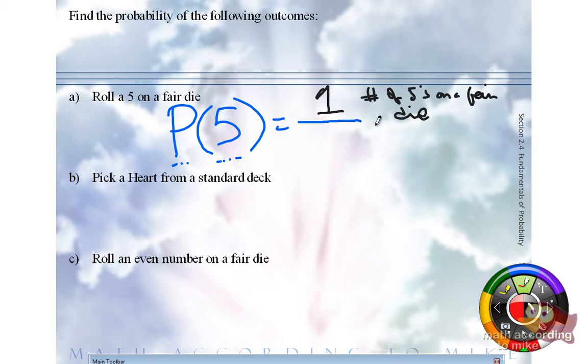The denominator will represent the number of numbers on a fair die. How many numbers are there on a fair die? 6. Good. So the probability of rolling a 5 on a fair die is 1/6. So again, part over whole.